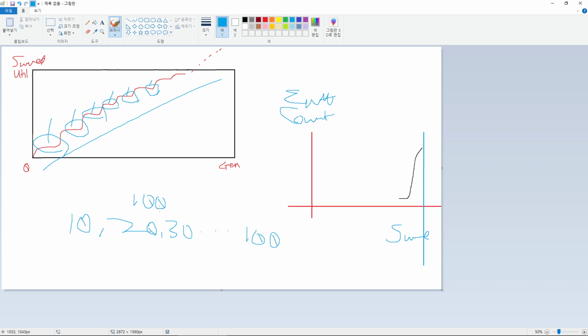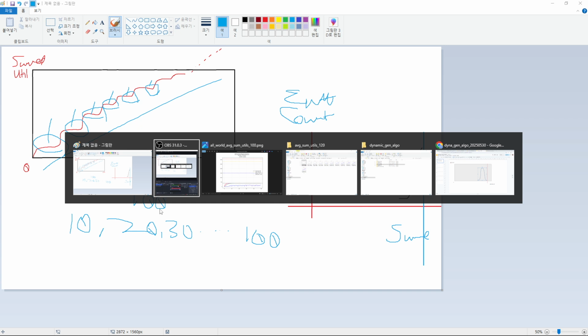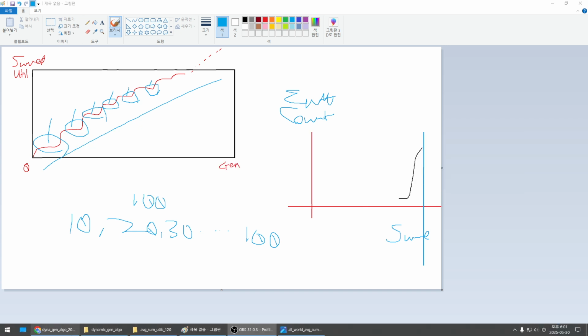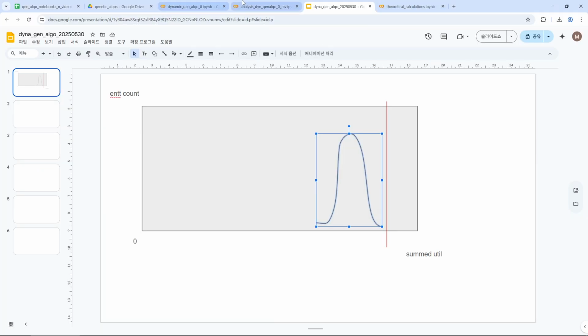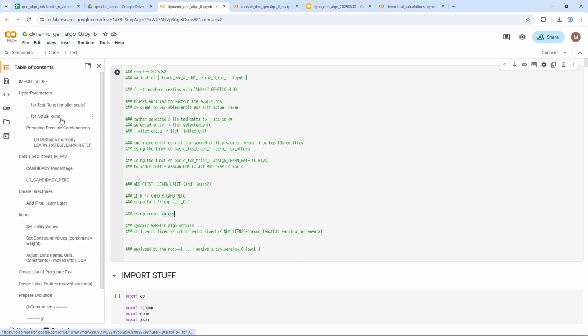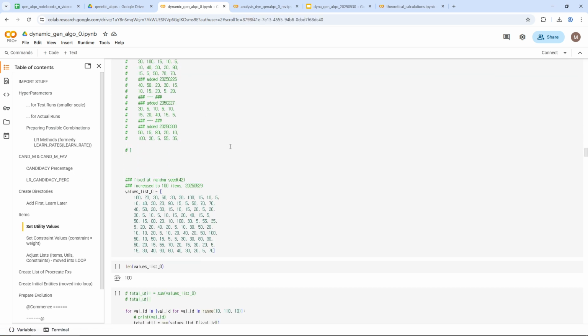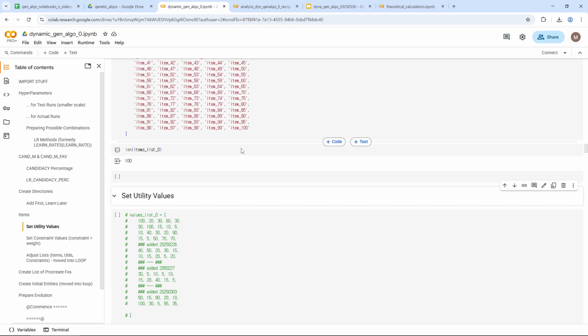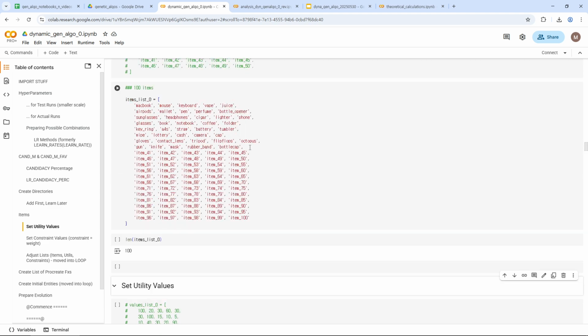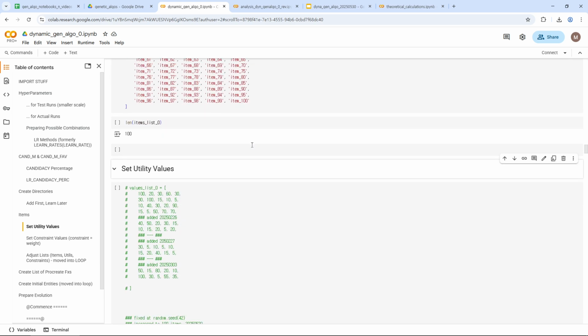Oh yeah, I forgot to mention, the way I made up 50 additional items and utility values and constraint values is quite simple.